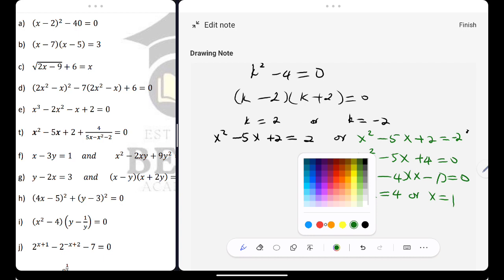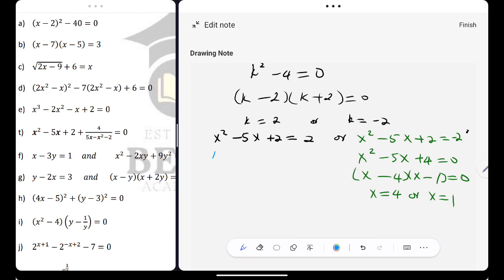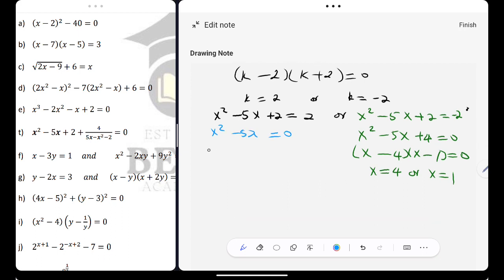And then in this case, I'll have x squared minus 5x is equal to 0. Because whenever the 2 jumps to the other side of the equation, I'll have 2 minus 2, which is 0. I can take out a common factor here.